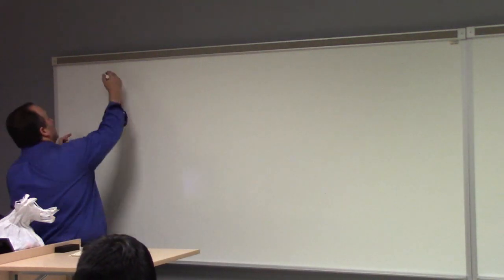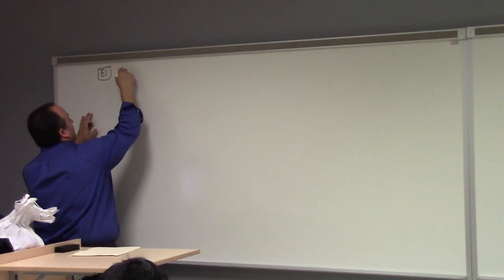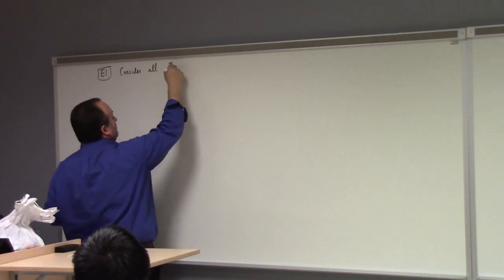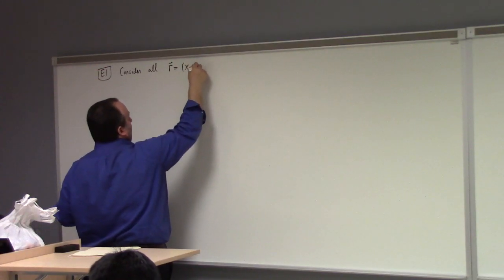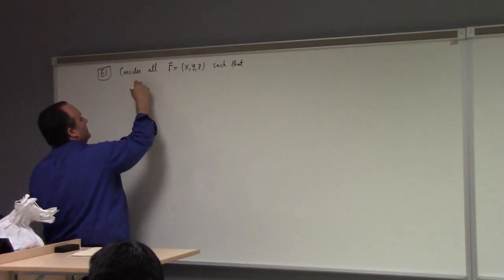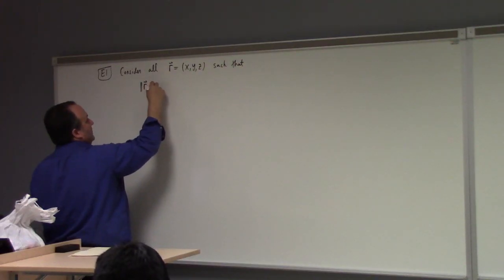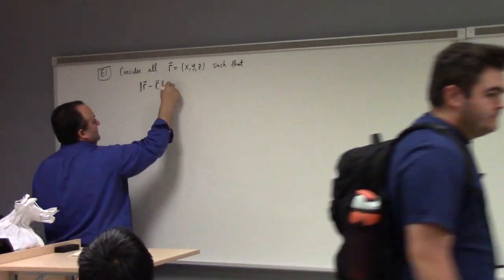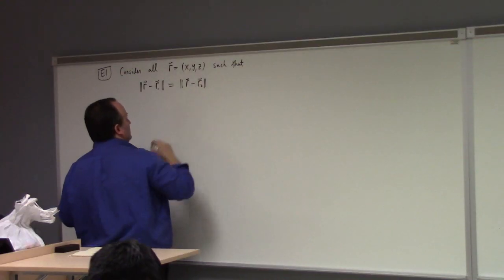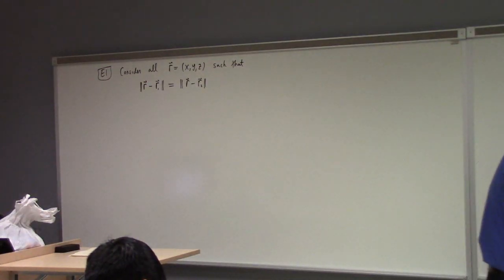So, example 1, suppose we want to consider all R such that the distance from R to, say, a point R1 is equal to the distance from R to another point R2. What would this be? What's the set of all points that satisfy this equation?